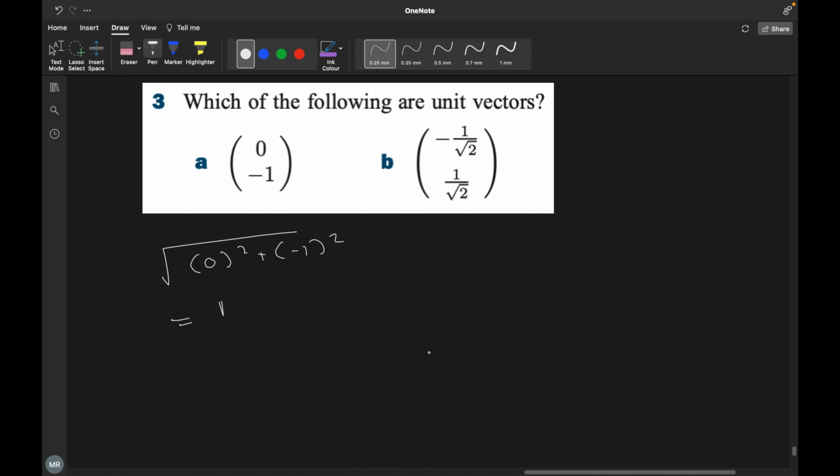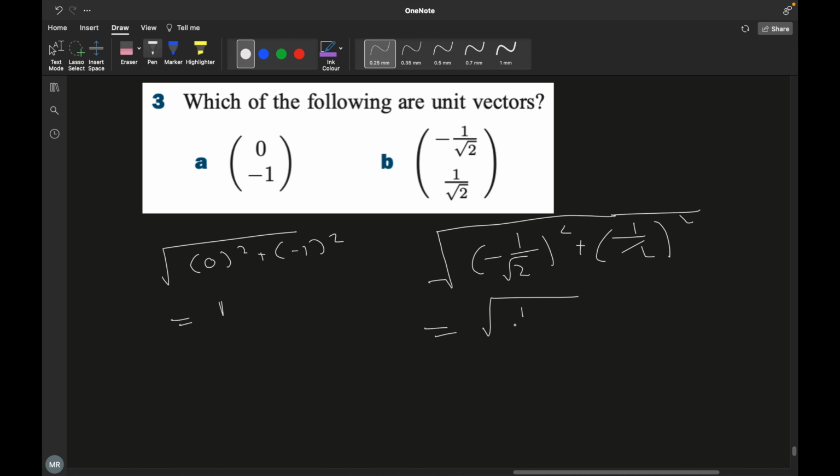And now we have this one, square root of (1 over root 2) whole squared plus (1 divided by root 2) whole squared. It's going to be square root of 1 divided by 2 plus 1 divided by 2, which is root of 1, therefore 1.